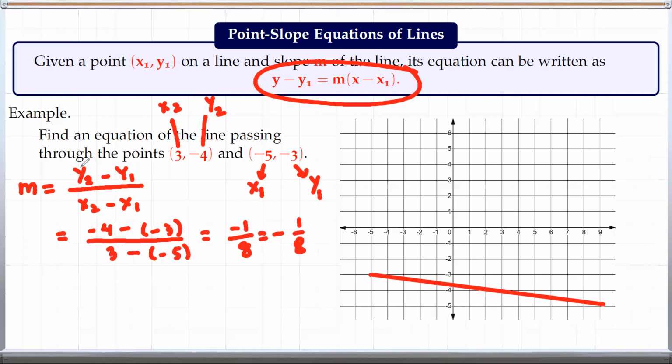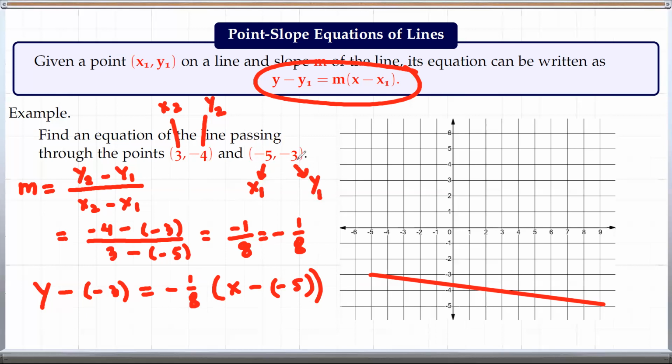So we have found m, and we have (x1, y1). Now we are ready to use this equation to find the equation of the line. So we have y minus y1, which is negative 3, equals m, which is negative 1/8, times x minus x1, which is negative 5. Note that y1 and x1 must come from the same point.